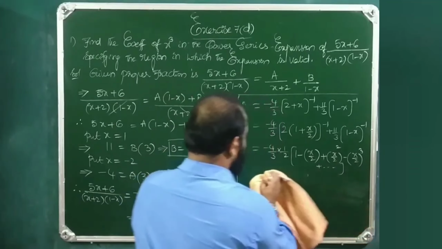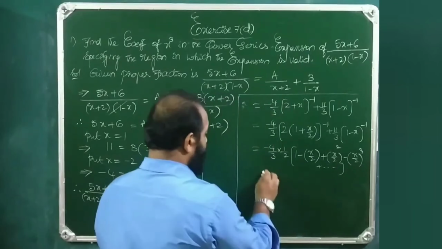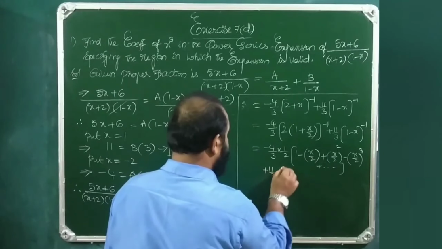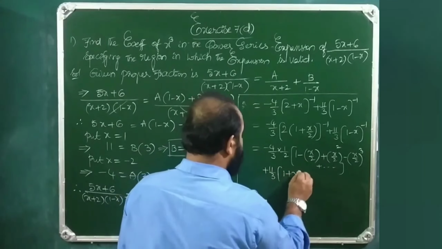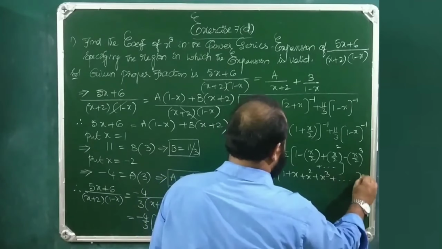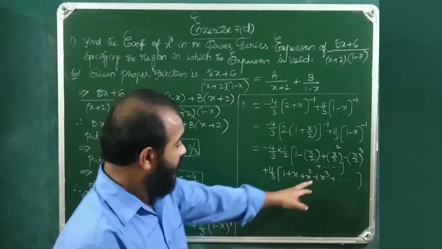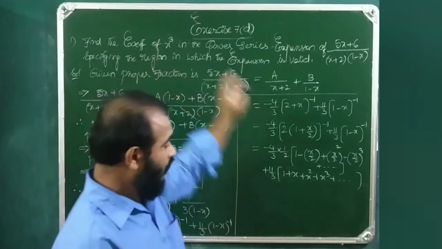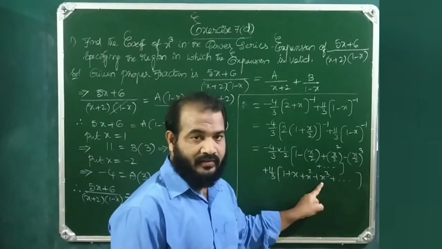So this is equal to 11 by 3 into (1 plus x square plus x cube plus etc.). Since we want the coefficient of x cube, until x cube I have written.